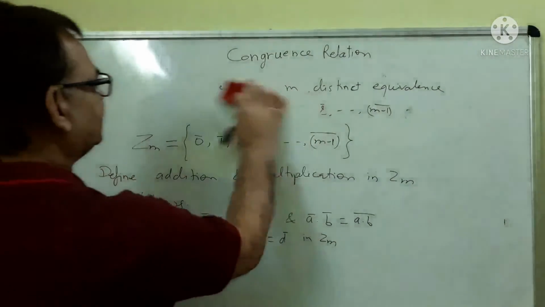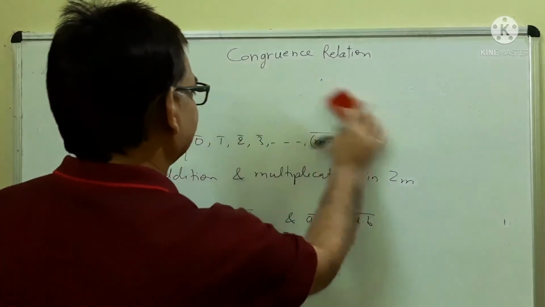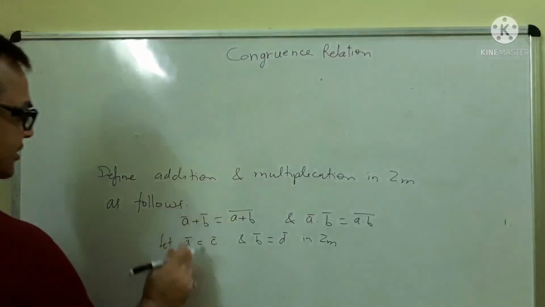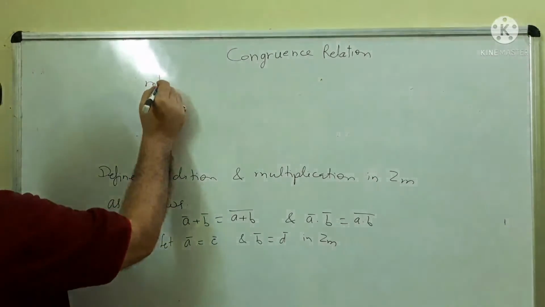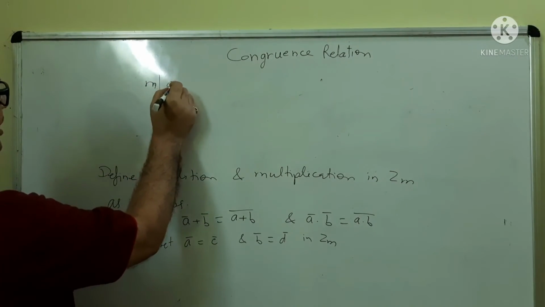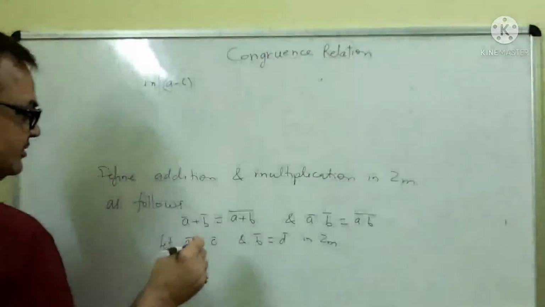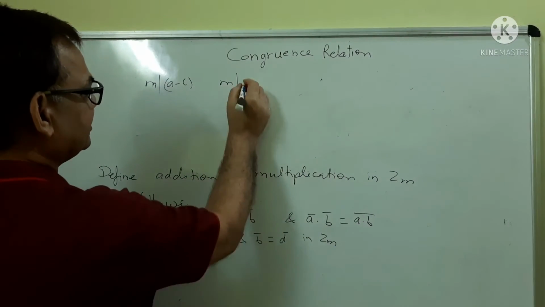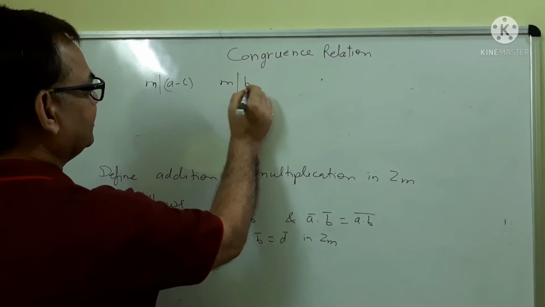Then m divides a minus c and m divides b minus d.